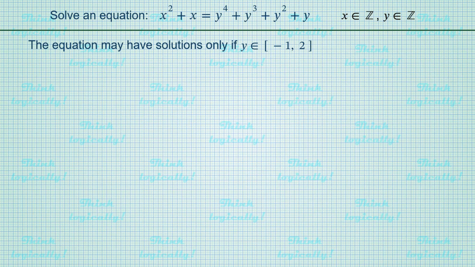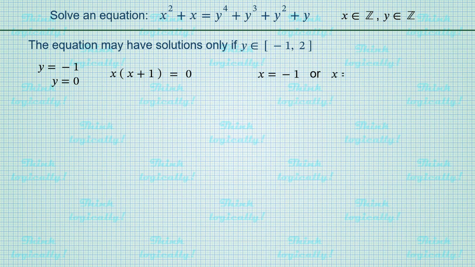The only thing remaining is testing each integral value of y in this interval. In fact, two values of y have already been processed. We've seen that if y equals -1 or 0, the right-hand side of the equation becomes 0. Therefore, its left-hand side, which can be expressed as x times (x plus 1), must also be 0.